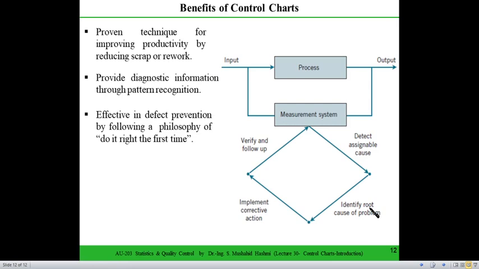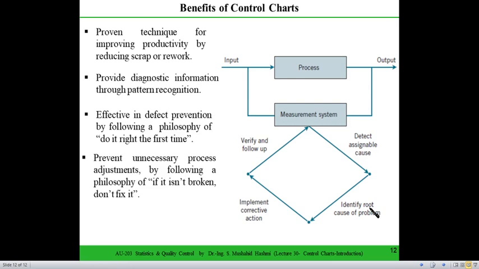In the first go you want to have the right product. So this strategy can be better judged through control charts. If you are doing the control charts, it means you are actually preventing the defects in your product. At the same time, they prevent unnecessary process adjustments.